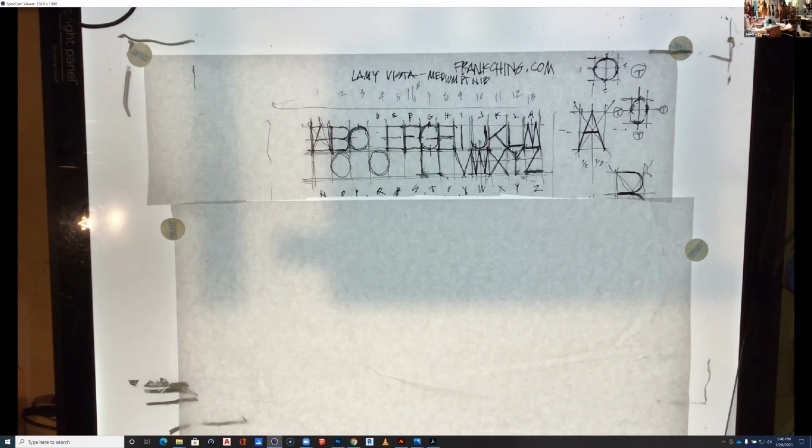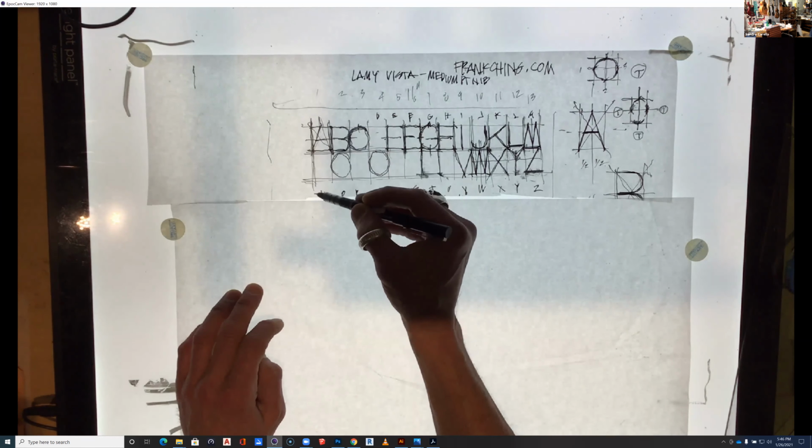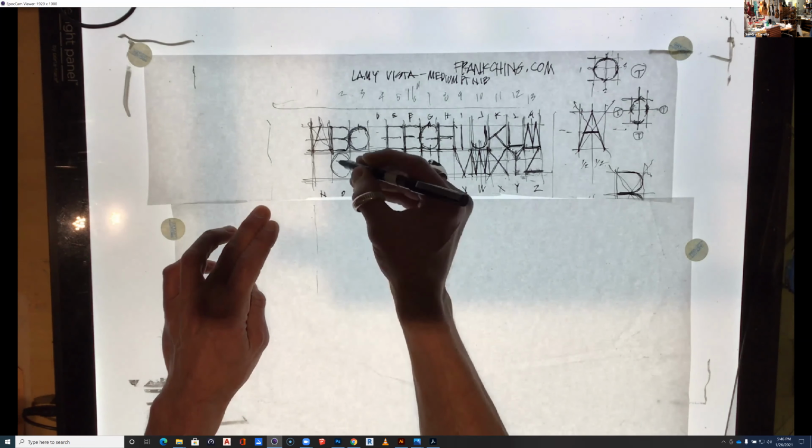The oblique grid, so we're not going to do any kind of foreshortening, but I'm using the same proportions, if you will.